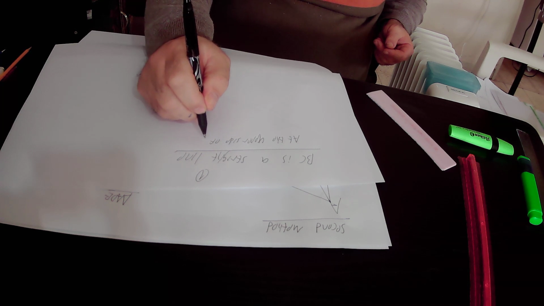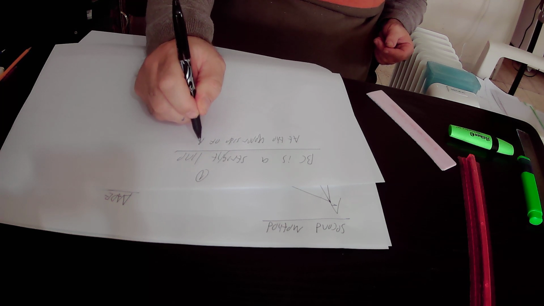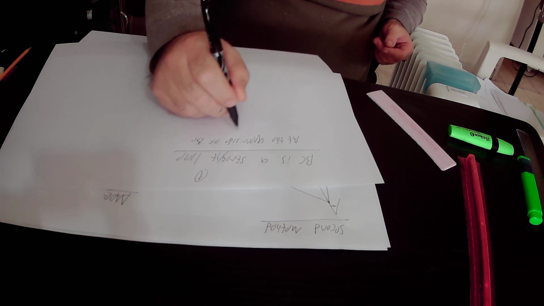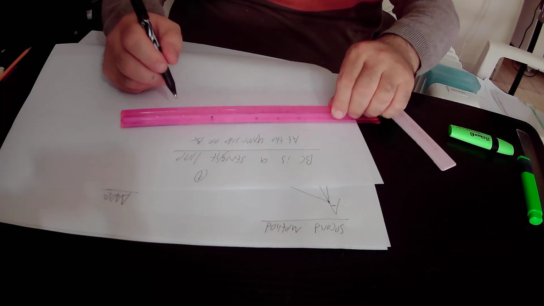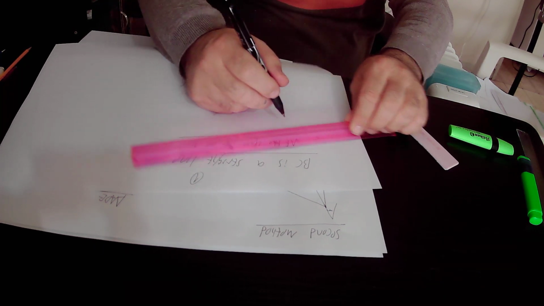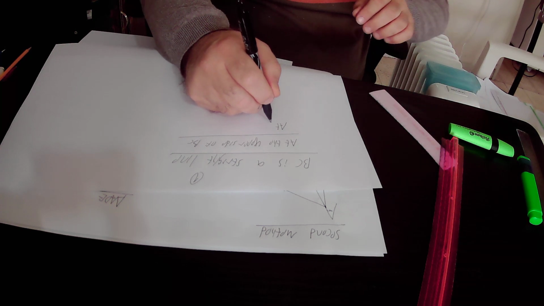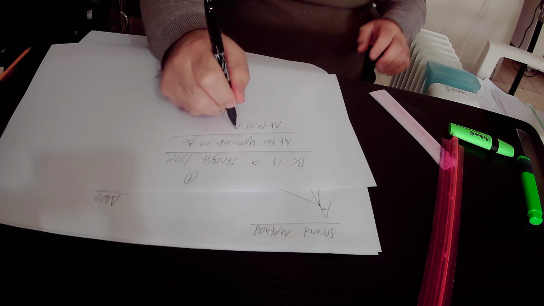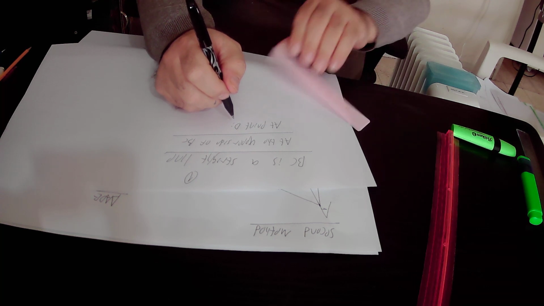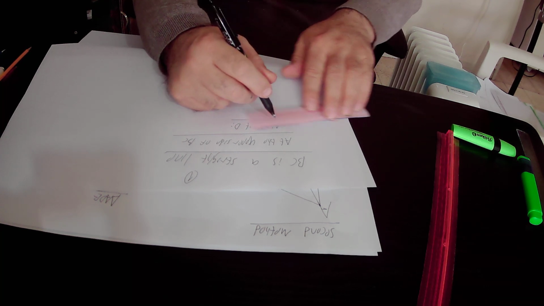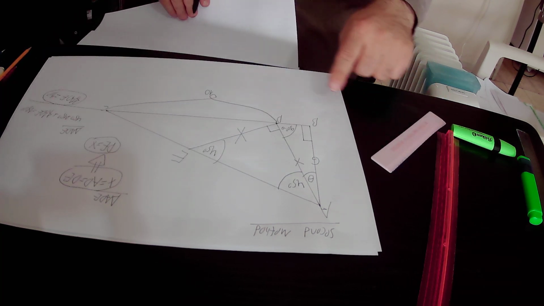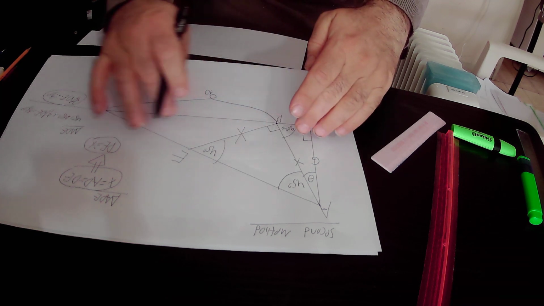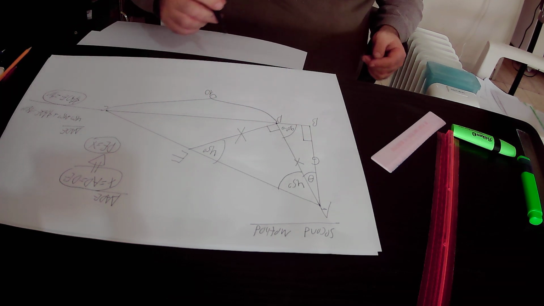Which angles do we have at the upper side of BC here at point D?